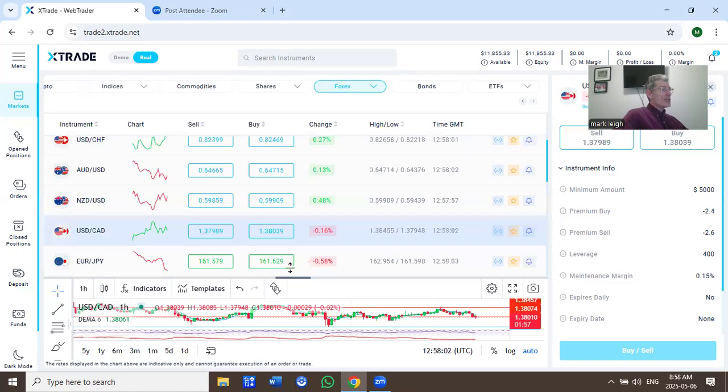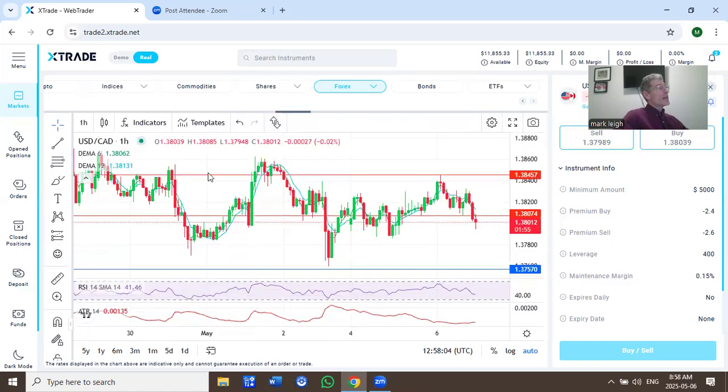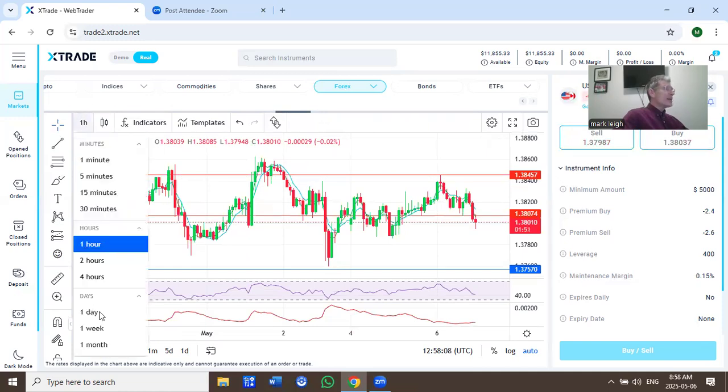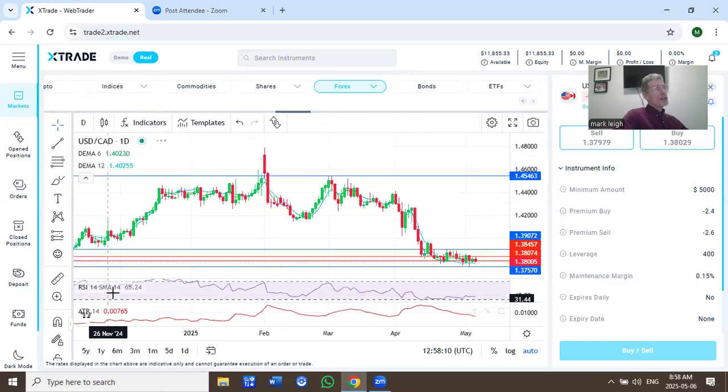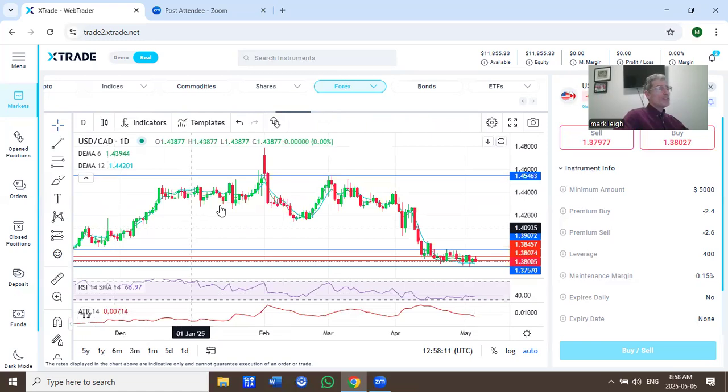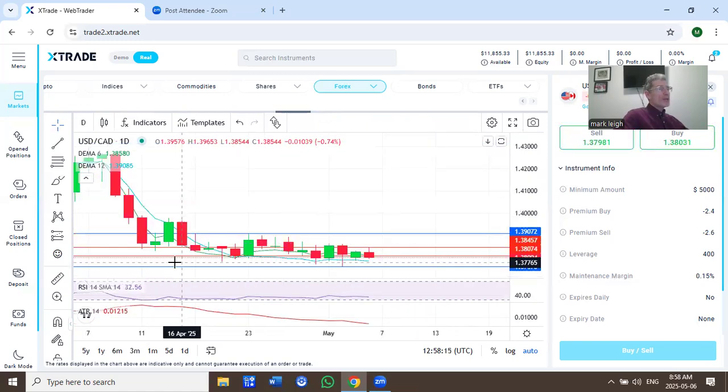We haven't really seen a similar pattern to the other three majors because the US Canadian has been very much stuck in a sideways range between 138 and 138.50, struggles to get lower than the 138, sitting now at 138. There you can see how flat it's been.